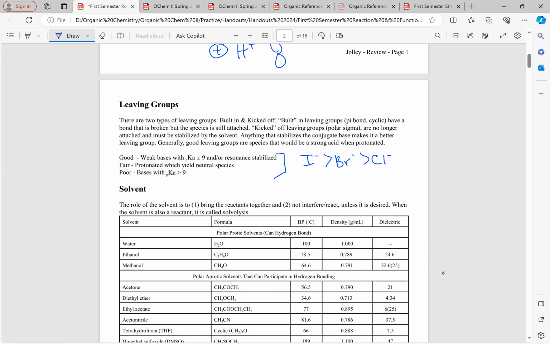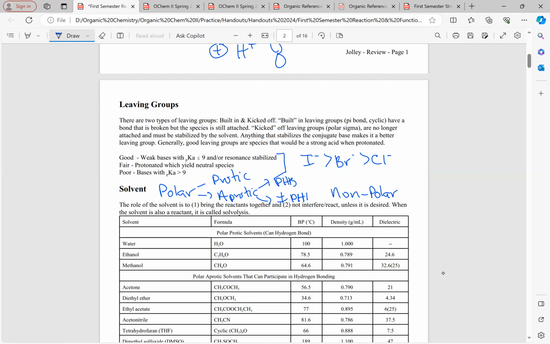All right. Solvents come in two forms. You've got polar and you've got nonpolar. Your polar can be protic, which means it can hydrogen bond, or it can be aprotic, but I break that further into ones that can participate in hydrogen bonding and those that can't.